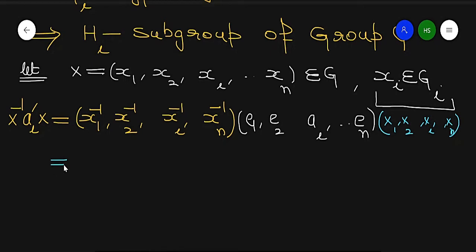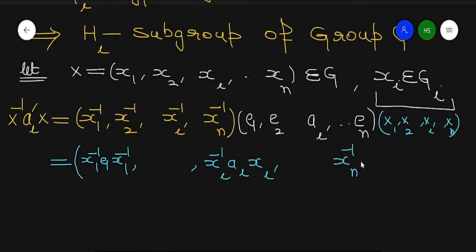Now taking the product, what is its product? x1 inverse into e1 into x1, and similarly the second term, and the ith term is xi inverse into ai into xi and so on up to xn inverse en into xn.